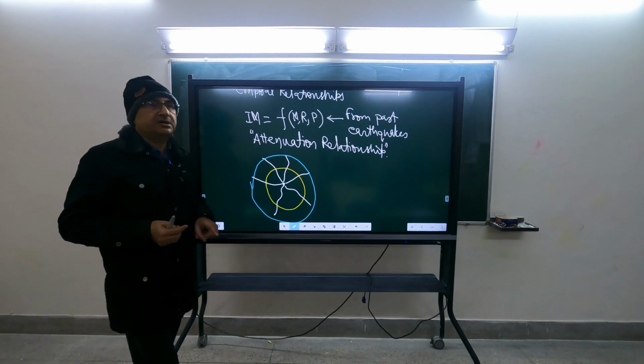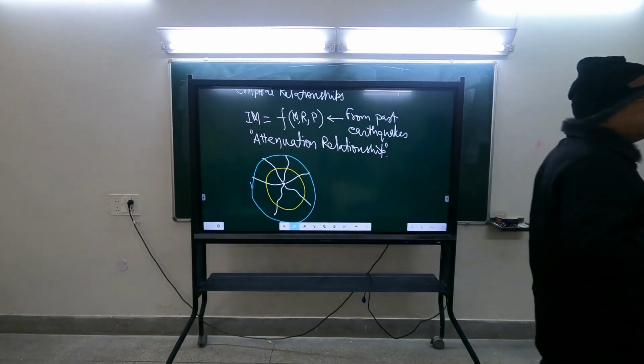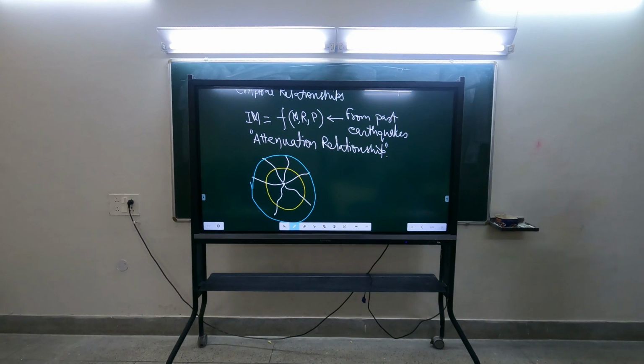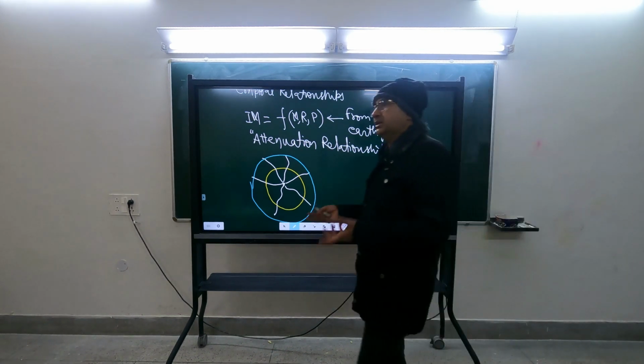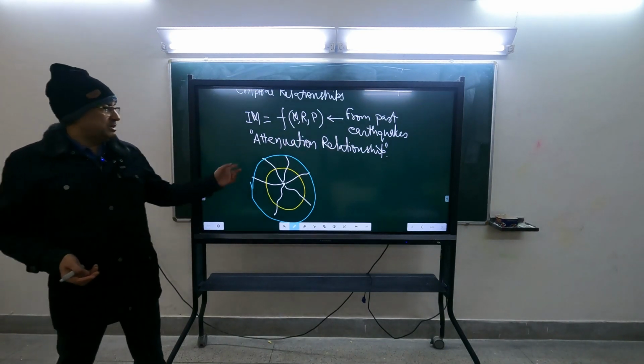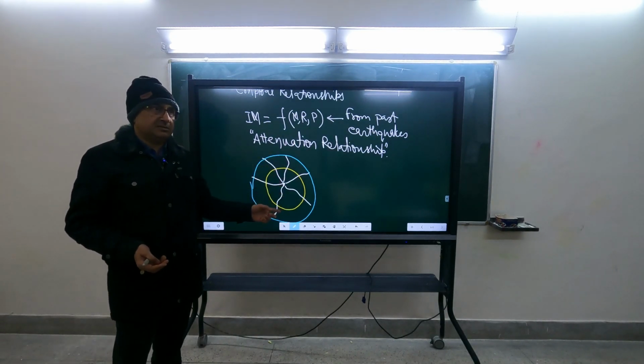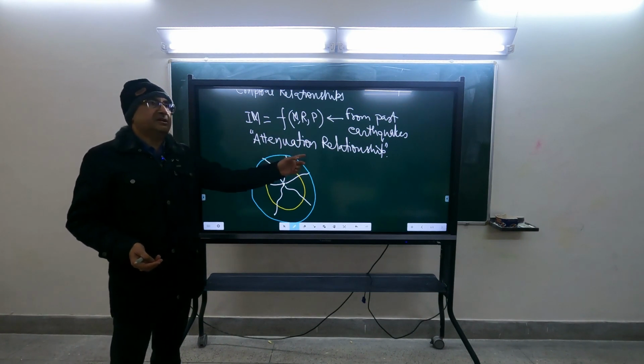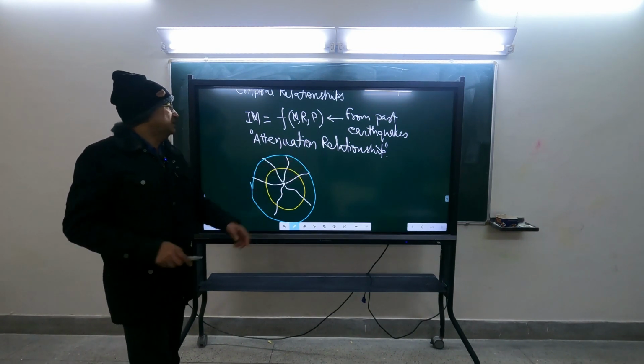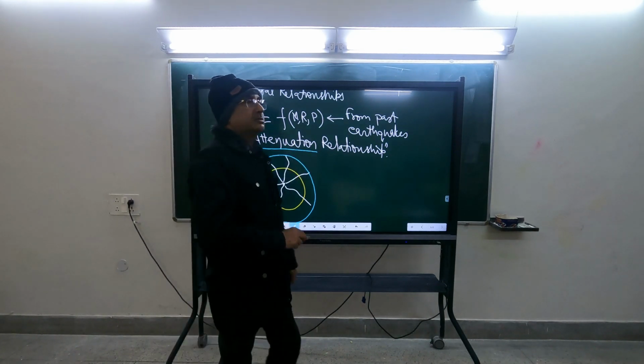But in the case of earthquake waves, as I said, these are not electromagnetic waves. These are elastic waves, and when they travel in the medium, they cause vibration of the particles of that medium, and those vibrating particles dissipate energy through damping. So there is additional dissipation of energy because of the damping of the material. Both these phenomena, distribution of the energy over a larger area and material dissipation of energy, lead to attenuation of the intensity.